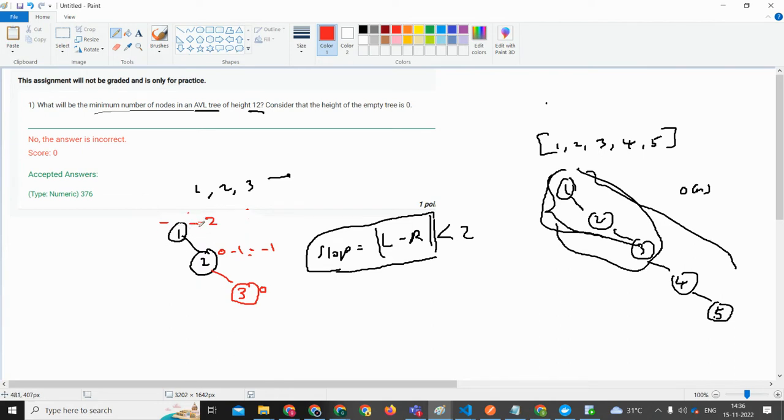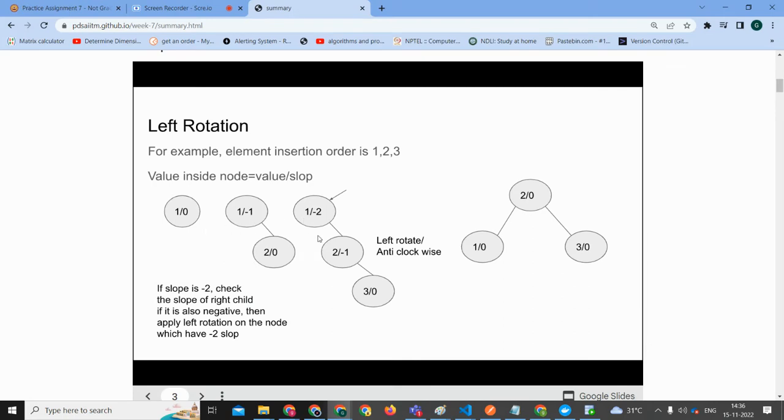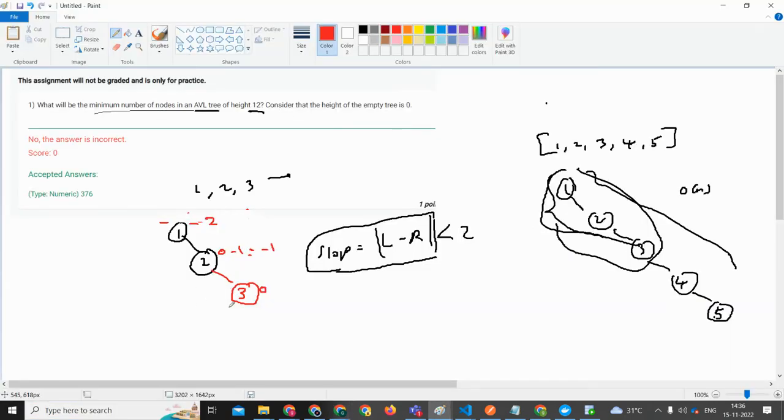If you have a -2 slope, what are they doing? On the right-hand side you have more weight, so it needs rotation to balance. We use left rotation, so we promote up. From the right-hand side you are taking it to the left-hand side.